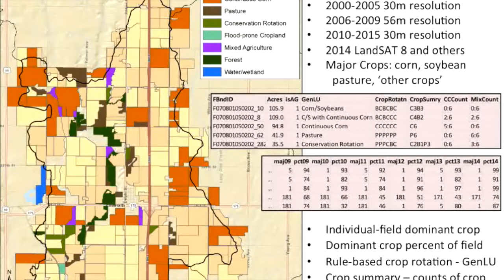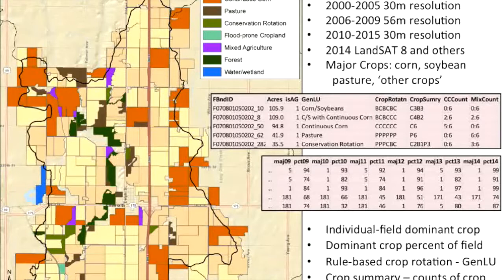And so as you can see across the bottom panel here, this shows the majority crop in 2009 and the percent that makes up of that field. Then you can go all the way across, and for each year, we carry that in our crop history table. While that's very useful information, we wanted to become a little more aware of crop management practices.